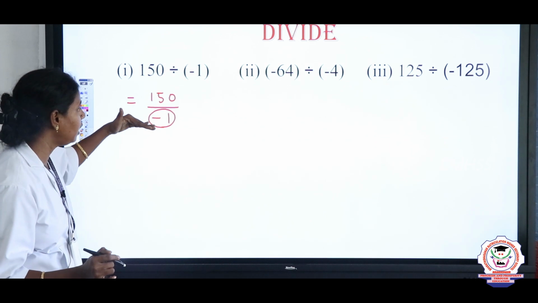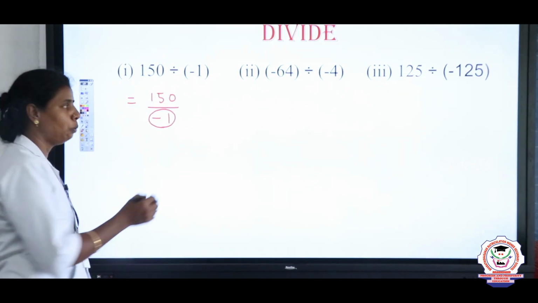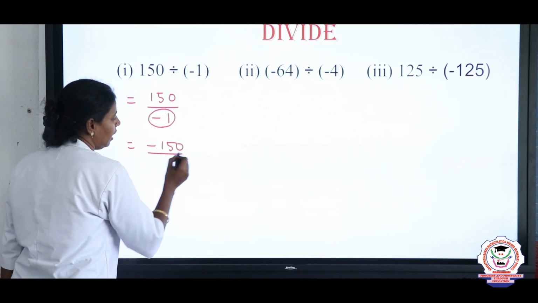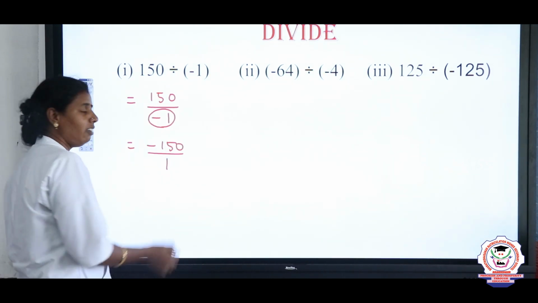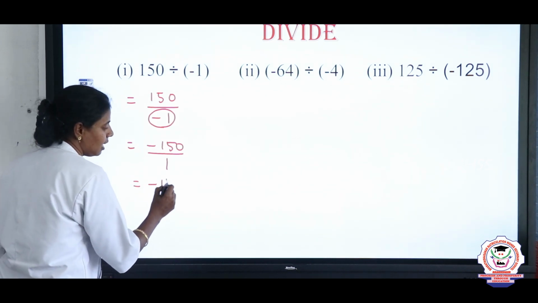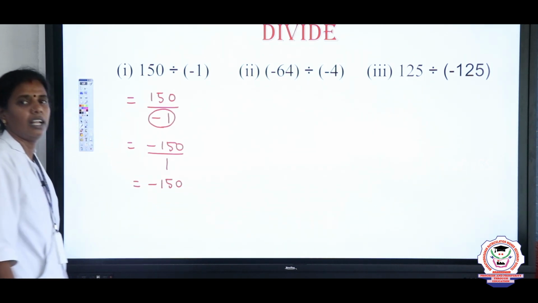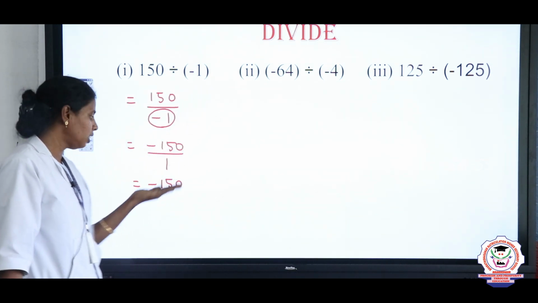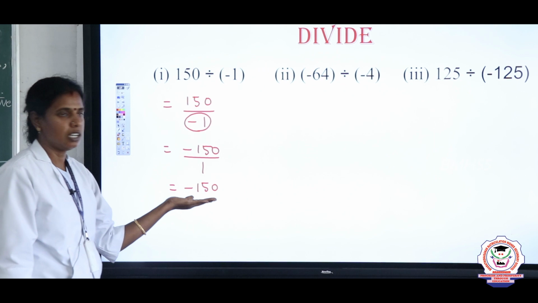So first we take the negative sign to the numerator. So minus 150 divided by 1, right? When the denominator is 1, we can write the answer as minus 150.